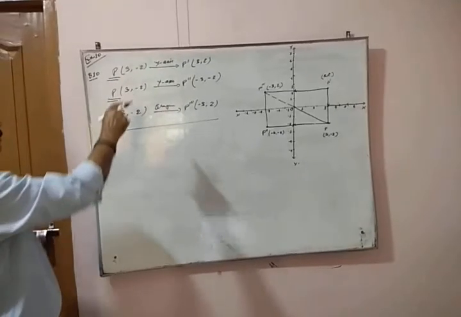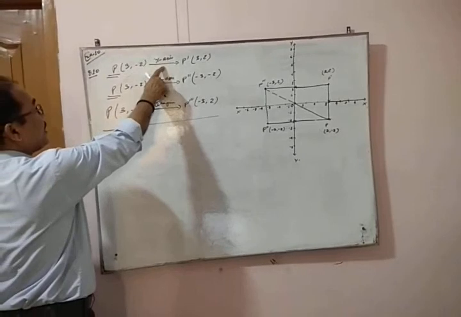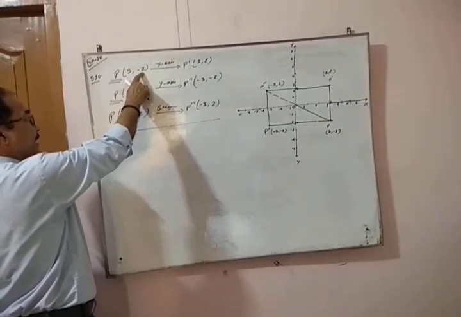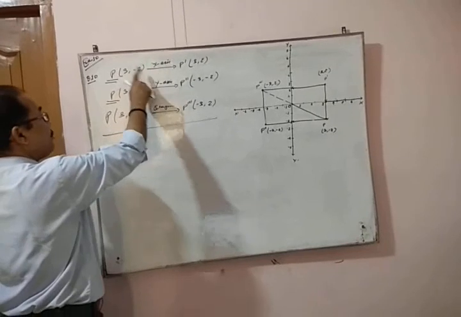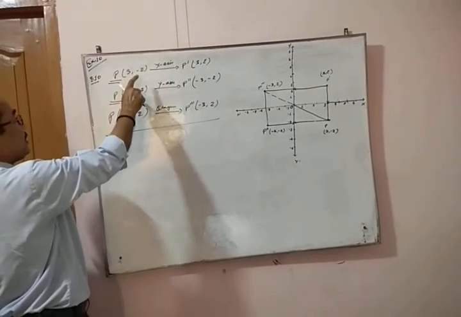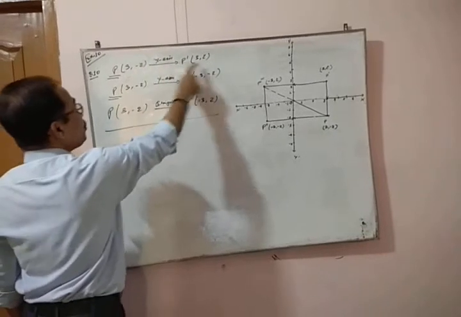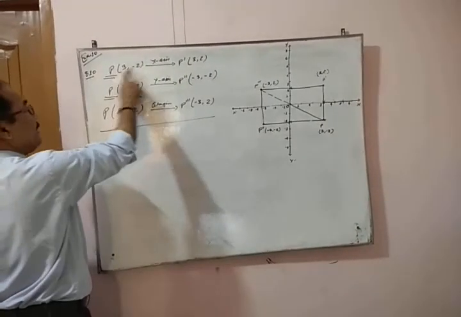So you see that after reflection from the x-axis, the sign of the y coordinate will reverse. If it is negative, then it will become positive. The sign of the y coordinate is minus, and it is becoming positive, from minus 2 to plus 2, and the x coordinate will remain the same.